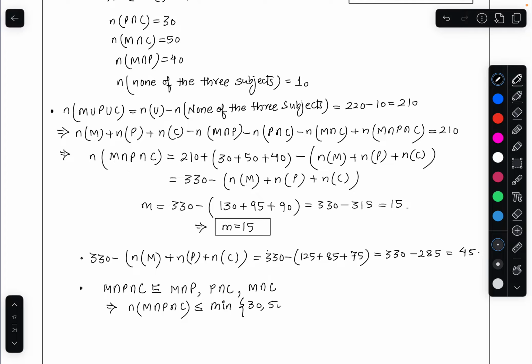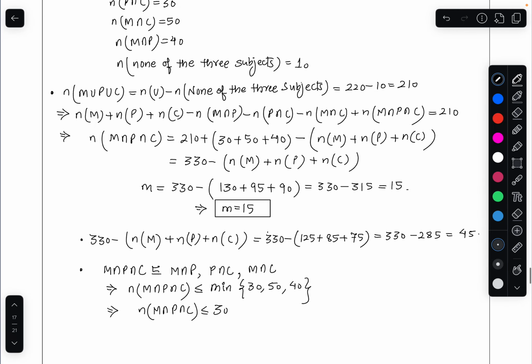So what it tells me is that the number of elements in M intersection P intersection C is going to be less than or equal to 30.